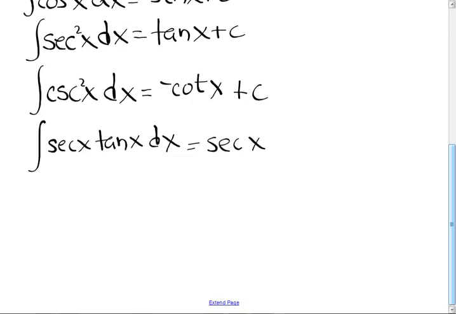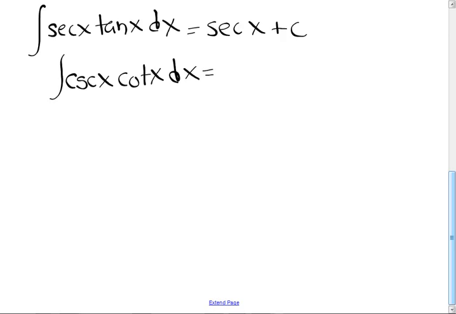The derivative of secant is secant tangent. Nope. So if I do cosecant of x, cotangent of x, what's that going to be? Negative cosecant.